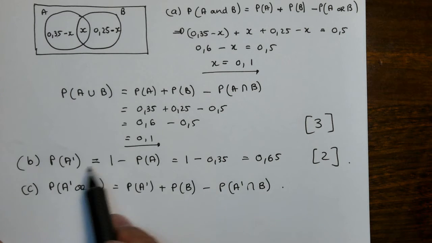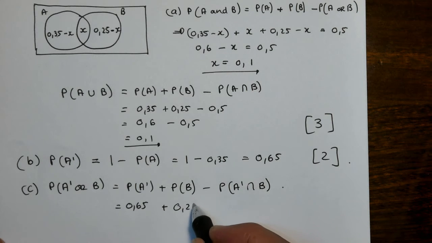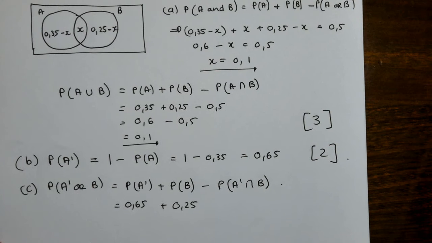Okay, so clearly you know your rule. The probability of A complement we just found, 0.65. The probability of B is 0.25. And the probability of the intersection of A complement with B is 0.15.